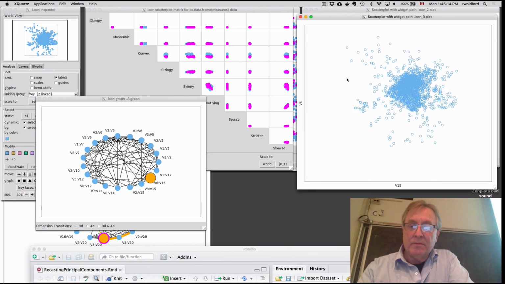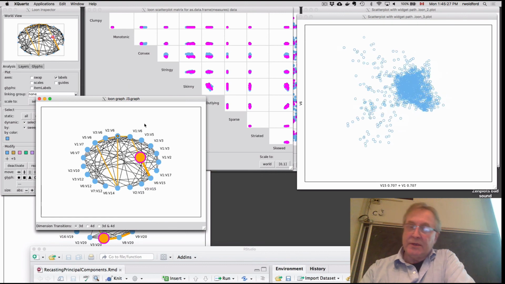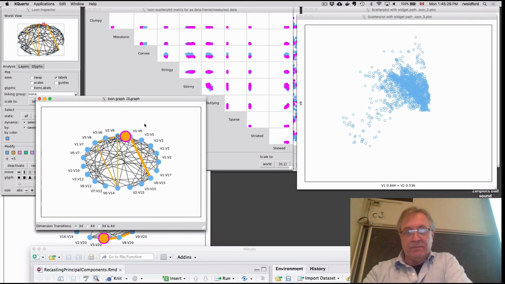With this polynomial plot. So you see these different transformations are going to give you different results to investigate. So this is the least convex. Well, that was interesting.